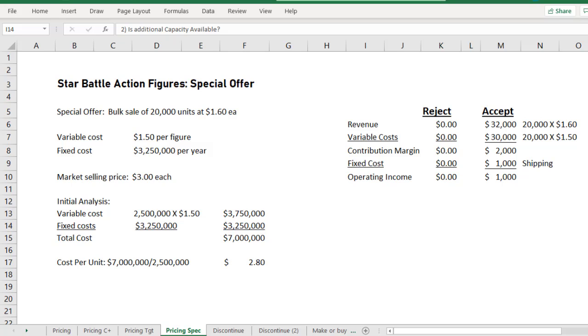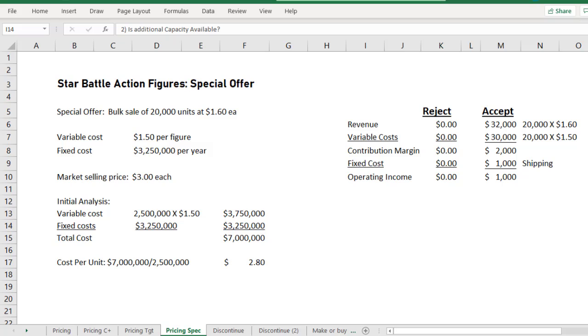What about the fixed cost? Well, typically fixed costs are ignored in these decisions. And the reason is because you have to pay $3,250,000 whether you make the action figures or don't make the action figures. However, there may be some fixed costs that will be different. So in this situation, because the buyer is a foreign purchaser, we're going to have to pay some special international shipping.